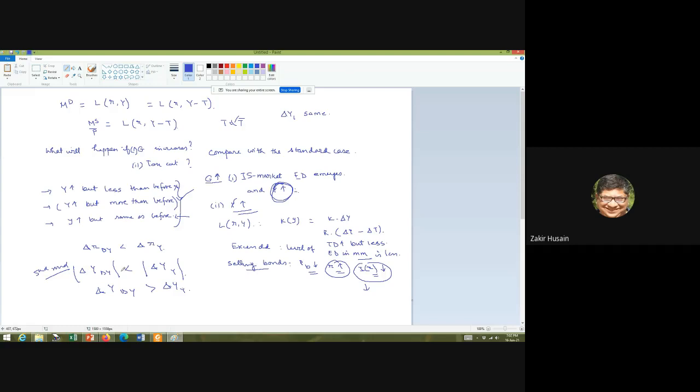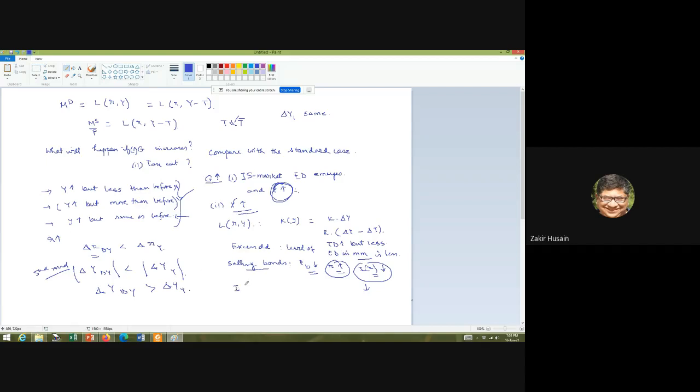Now what happens in the second round? Your rate of interest goes up, but it increases by a lesser amount. Look here, the rate of interest has gone up in both cases, R goes up, but in the second model the increase in interest rate is lower. Okay, so how will this impact I?